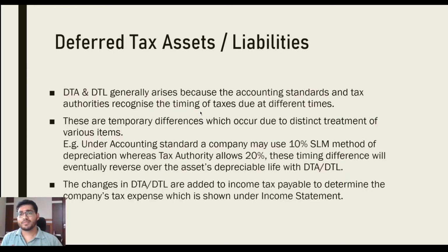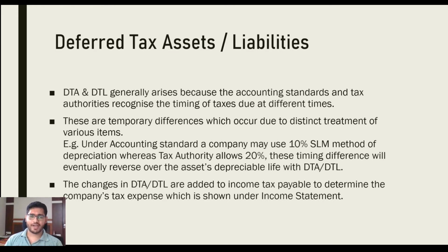The next comes the main point, which is deferred tax assets and liabilities. DTA and DTL generally arise because the accounting standards and tax authorities recognize the timing of taxes due at different times.